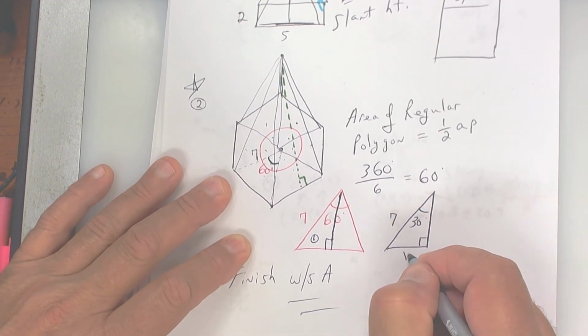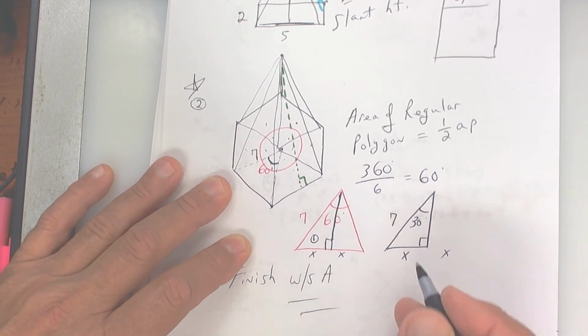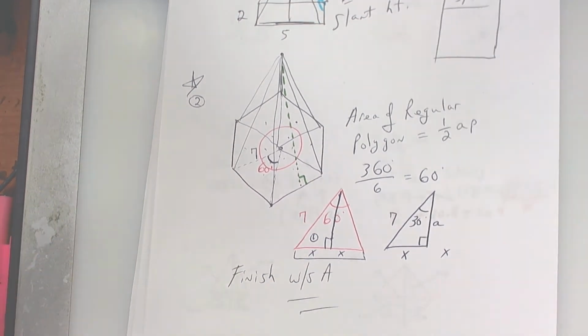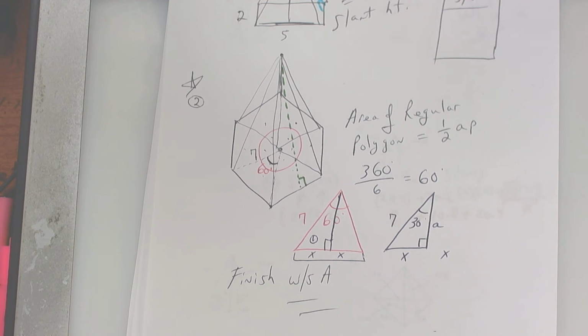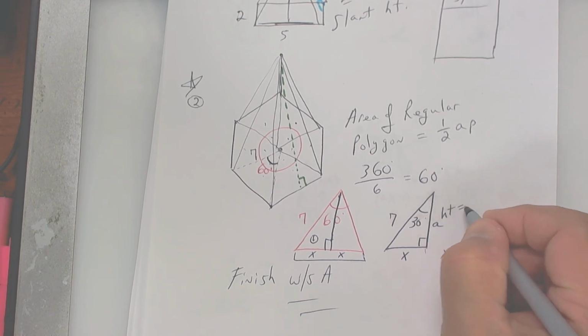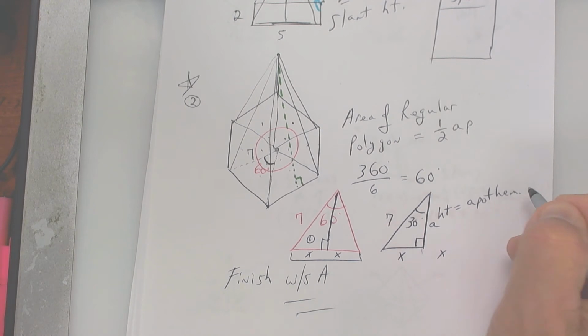What you need is x, and then you're going to double the x to get the whole side. Okay, double the x. And you also need the height, but the height is called the apothem. Okay, write that down. The height, which is this part here, is the same thing as something called the apothem. That A represents the apothem.